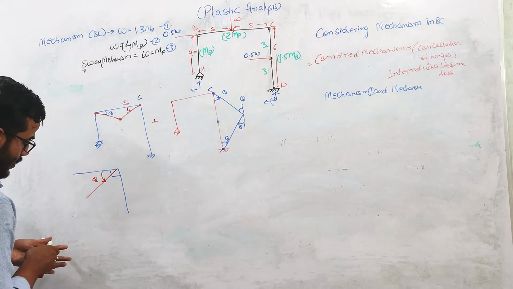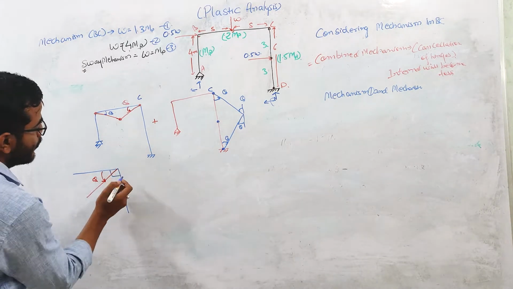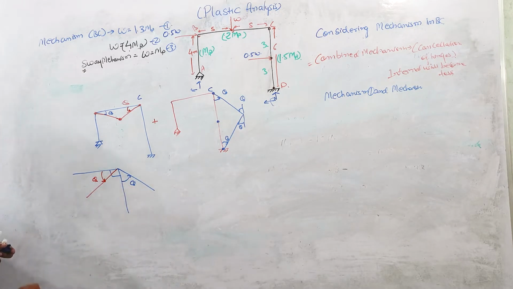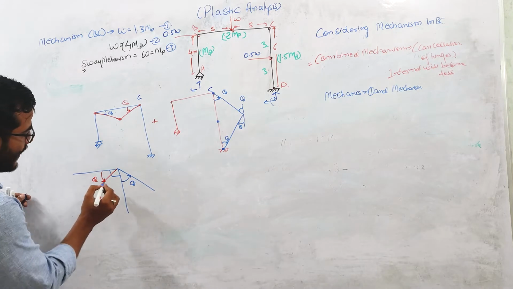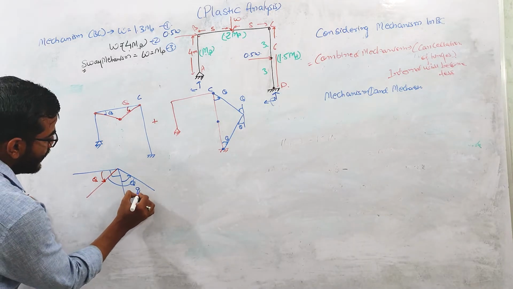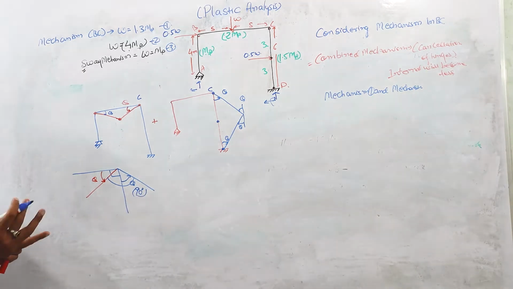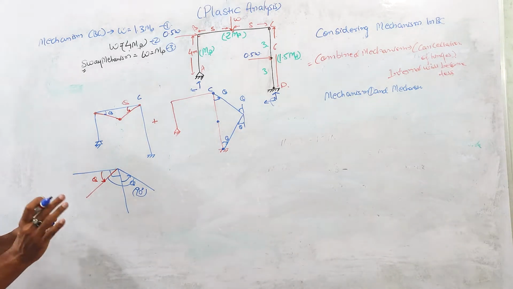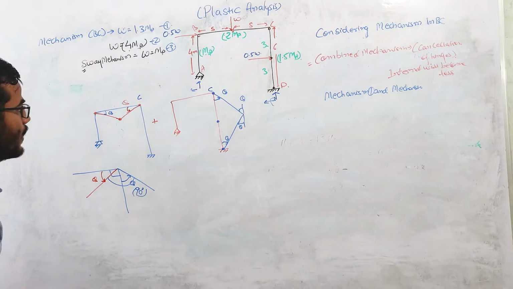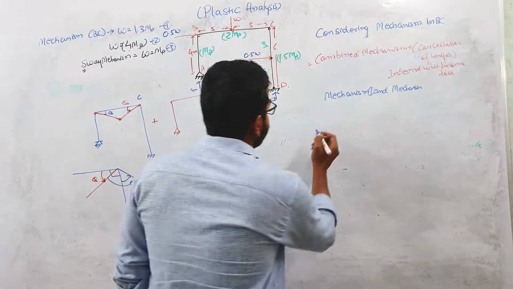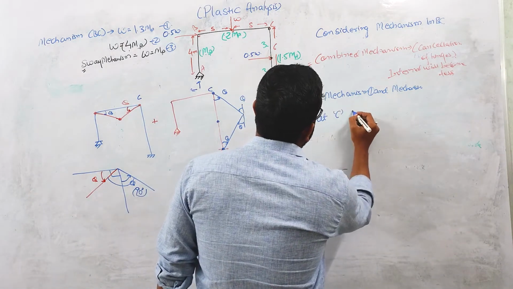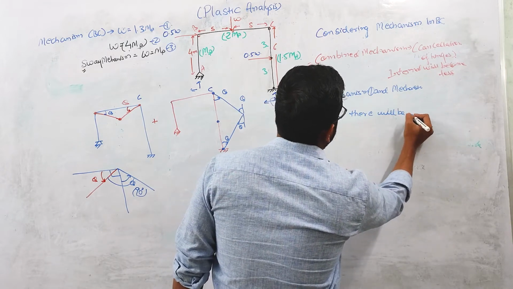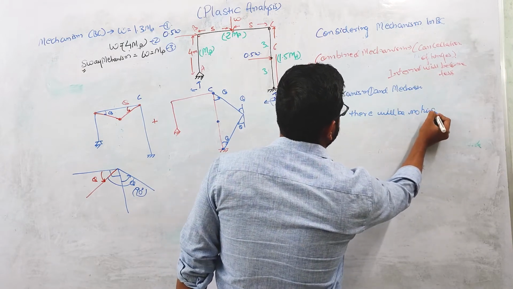Similarly, due to the B mechanism in this CD portion, this member moves like this by theta. So you can see that now also the angle between these two members is 90 degree. So there will not be any plastic hinge. Okay, if there is a plastic hinge, then the angle between the two members should be different from 90 degree. So at C there will be no hinge, right?